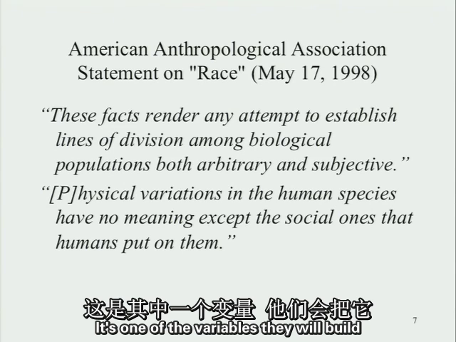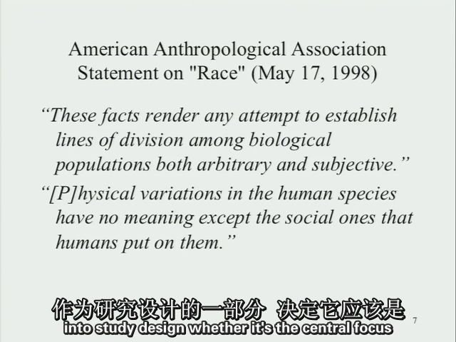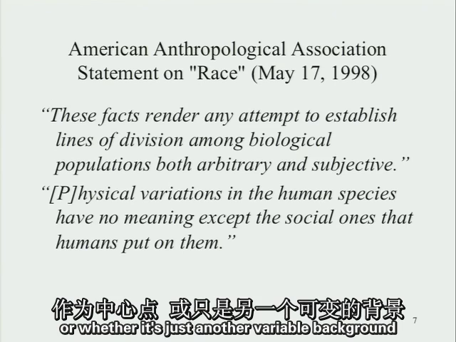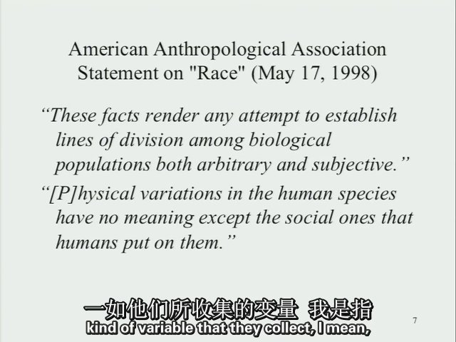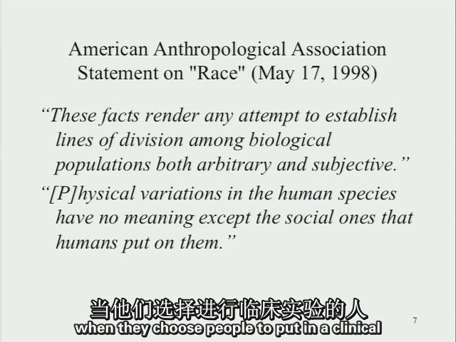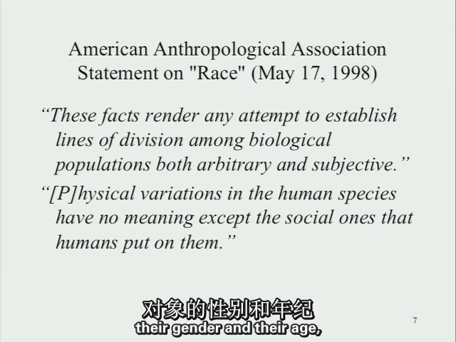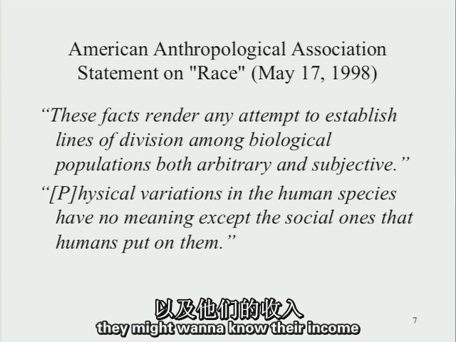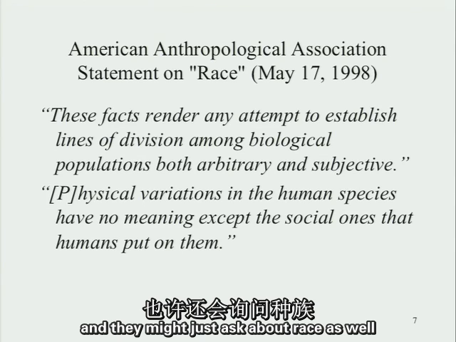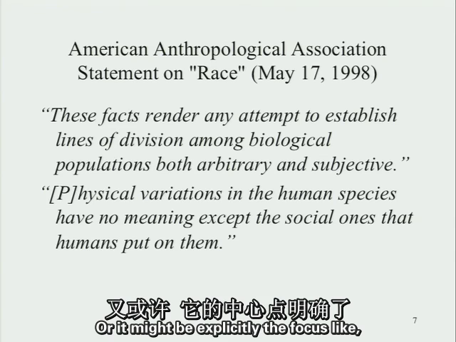It's one of the variables they will build into study design, whether it's the central focus or just another background variable that they collect. When they choose people to put in a clinical trial, they might want to know their gender and their age, they might want to know their income, and they might just ask about race as well. Or it might be explicitly the focus.